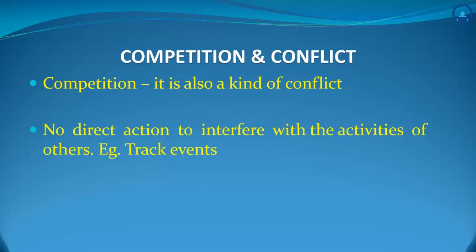Competition can also be looked at as a conflict, where no one is trying to cross the line or interfere into the other's track. No deliberate attempt to interfere with the activities of others, like a track event, could be an example of a conflict, and could also be looked at as a competition in an organization, which is very healthy and encouraging, because every department should be working in a competitive mode.